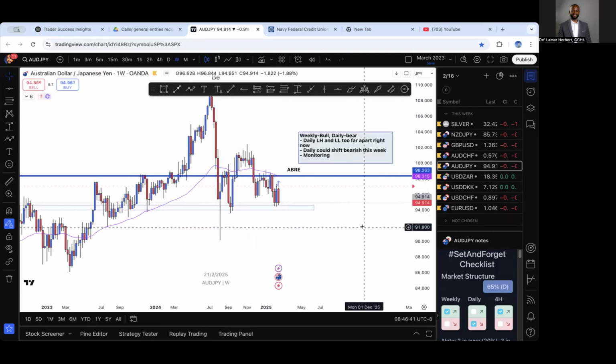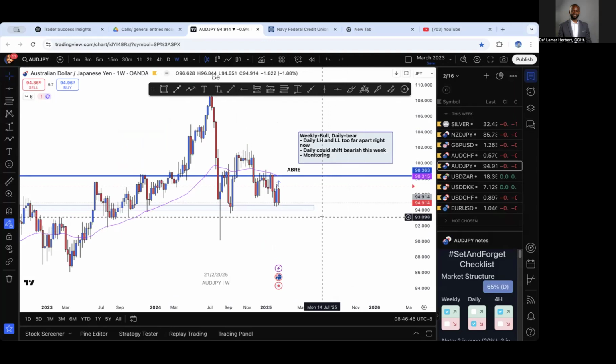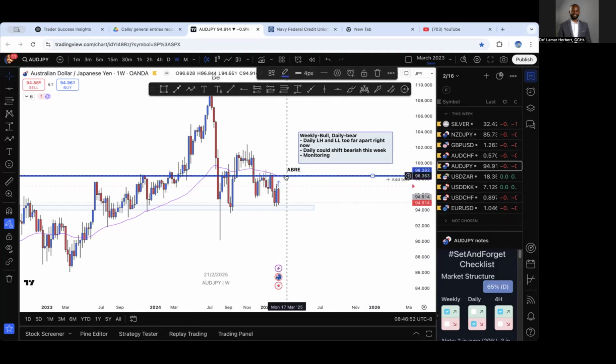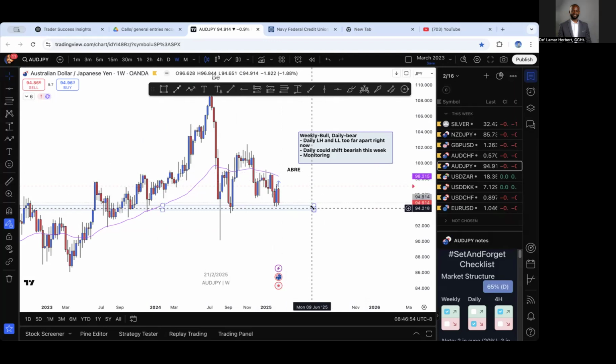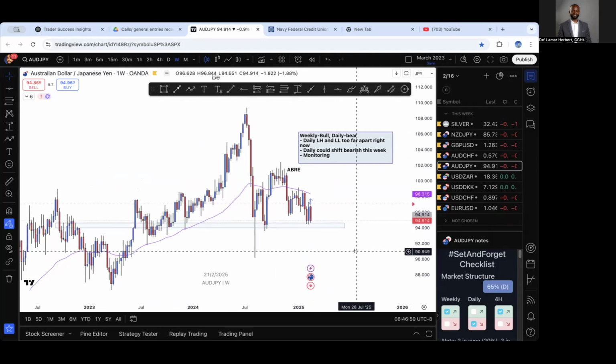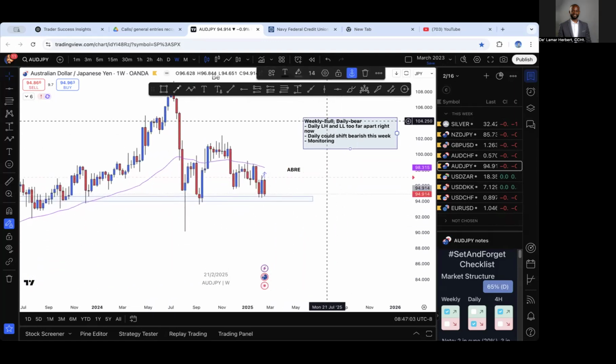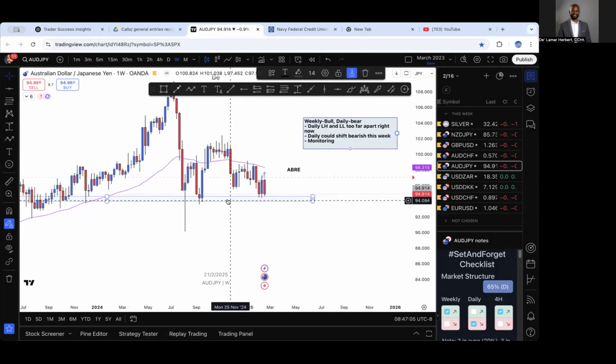AUD JPY. So weekly for AUD JPY. Yeah, weekly is bearish. No, hold on. Yeah, weekly is bearish. I don't know why I put bullish here, but weekly is bearish. Oh no, because it is bullish.